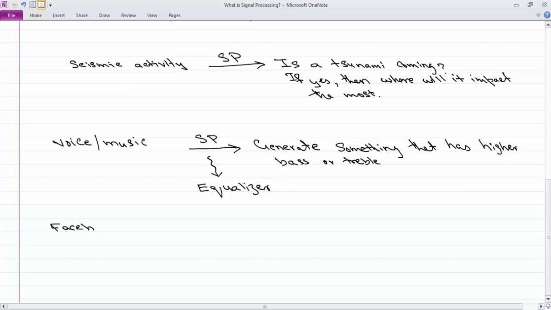Now let's look at another type of signal, which is pure digital to begin with, and of course we'll look at the definition of what digital means more closely later. What kind of information can be generated from that?